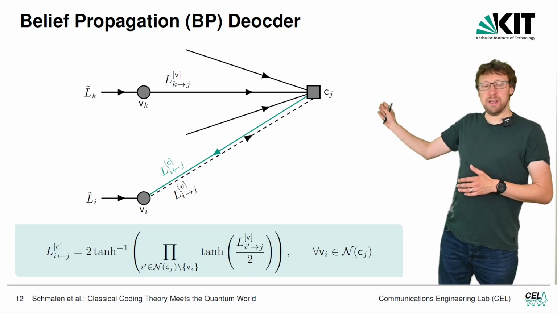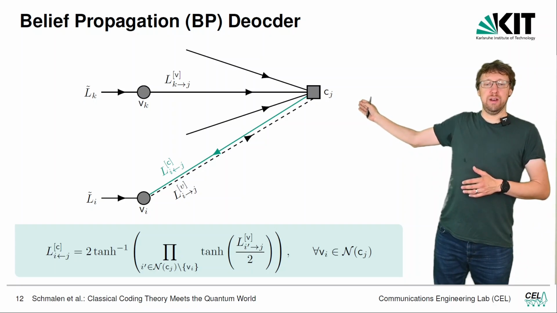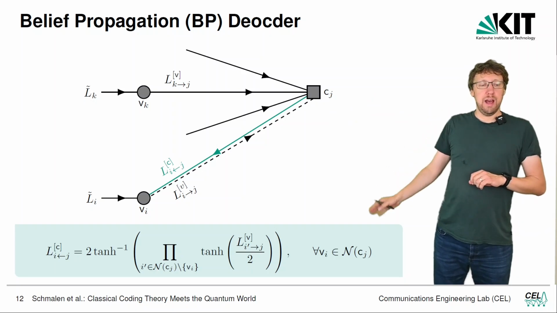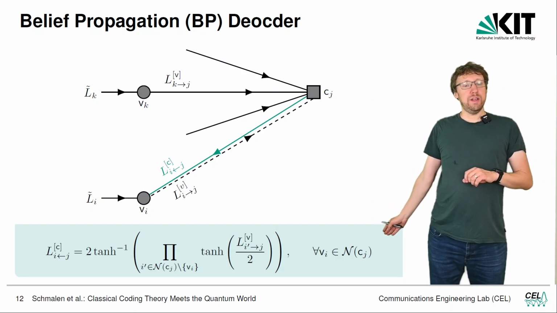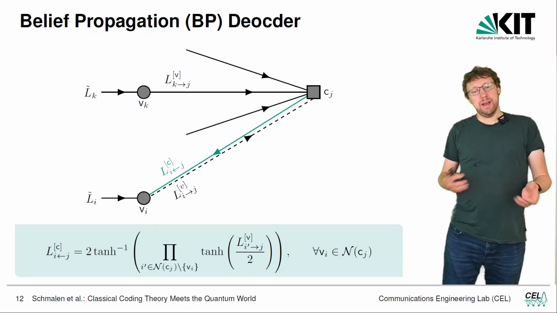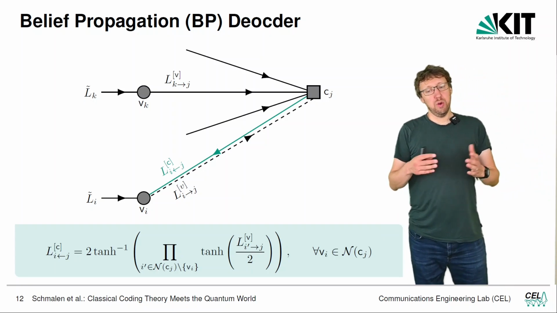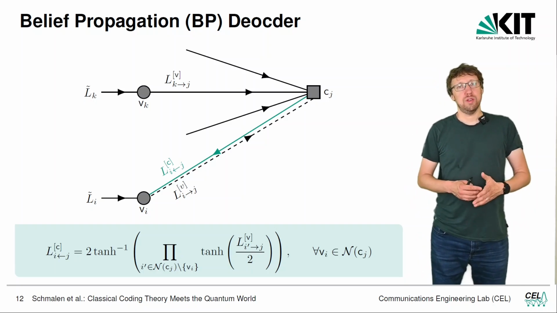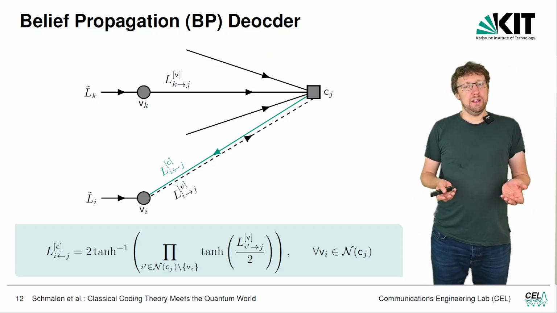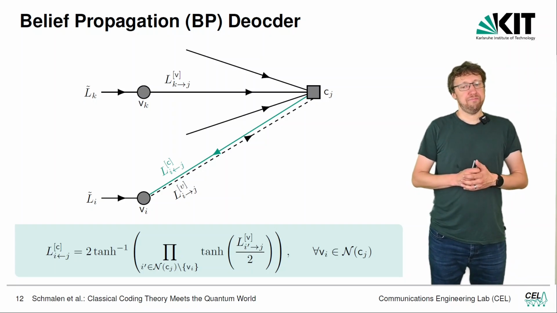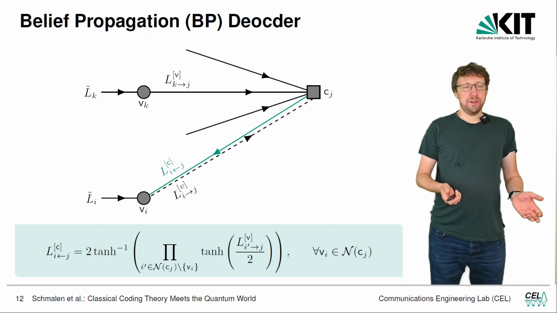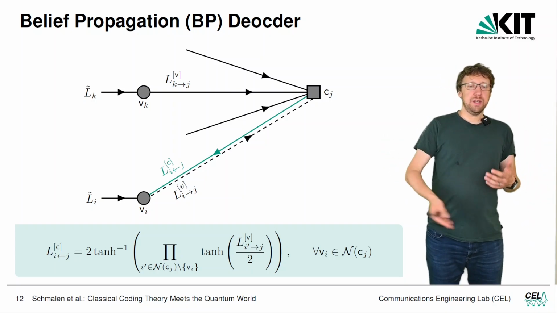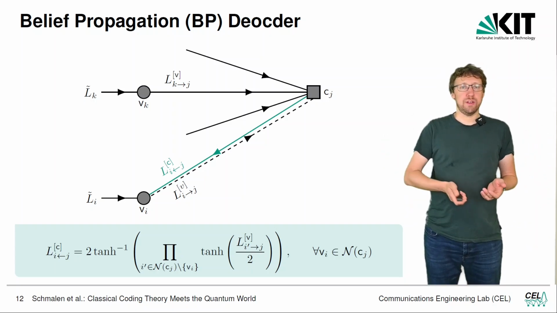So think of these check nodes, the square nodes, as small computers. They get messages from the variable nodes and they calculate this equation, which involves hyperbolic tangents and products. It looks a little bit involved, but hardware designers have come up with very clever solutions on how to implement this on digital hardware and on analog hardware. So these are essentially the operations that you do, and then you repeat them iteratively for a couple of iterations until you have reached some kind of convergence.